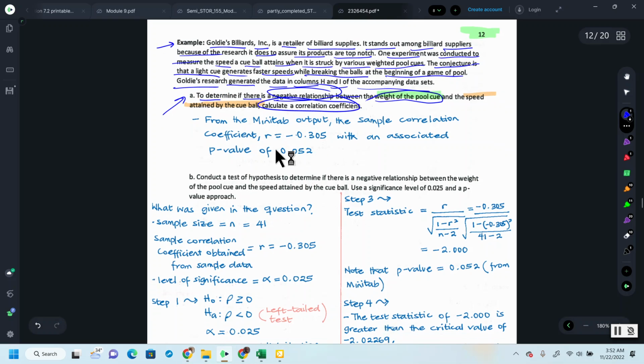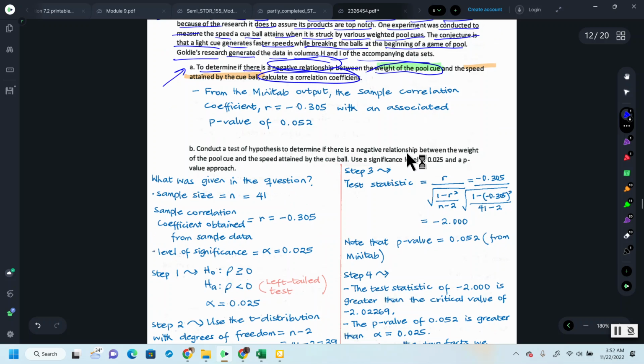Now take note that this p-value could be used to conduct a test of hypothesis. Here we're told to conduct a test of hypothesis to see if there's a negative relationship. Since we are testing if there is a negative relationship, that informs the alternative hypothesis being a negative or left-tailed test.